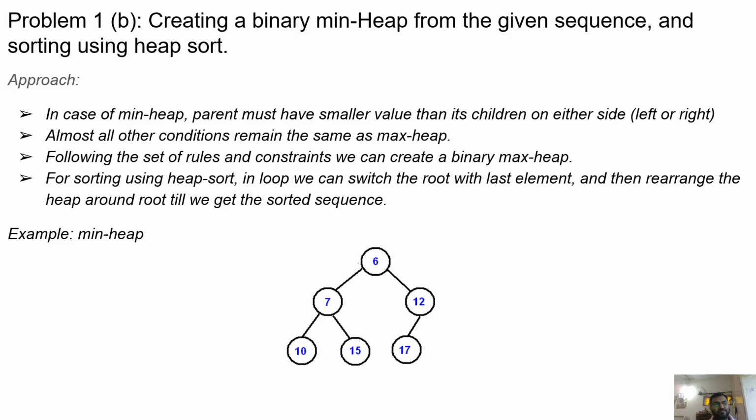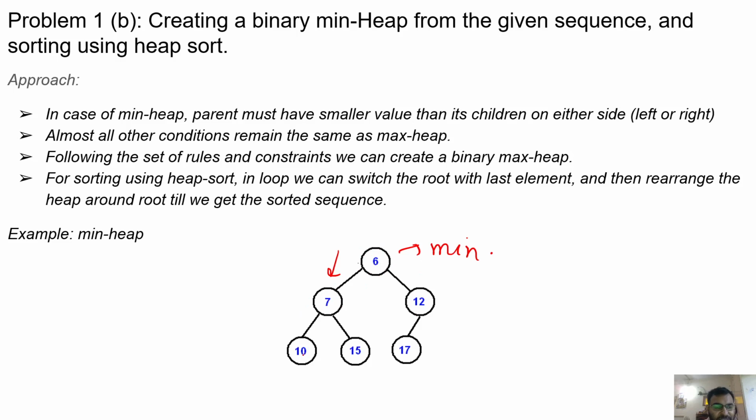So as we have already discussed, in case of min heap, the root node should have the minimum value, and as we go below, its children should have values more than the parent node. So here we can see that the root node, which is a parent node, has two children 7 and 12, which are greater than 6.